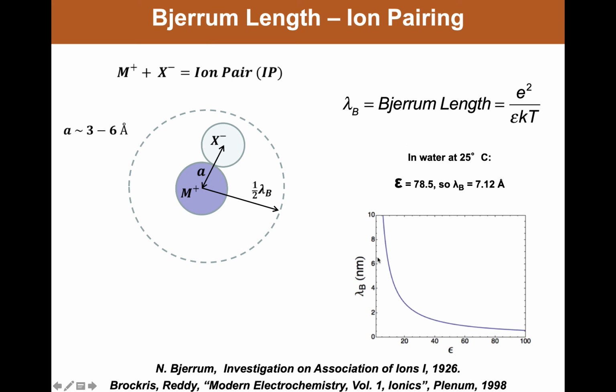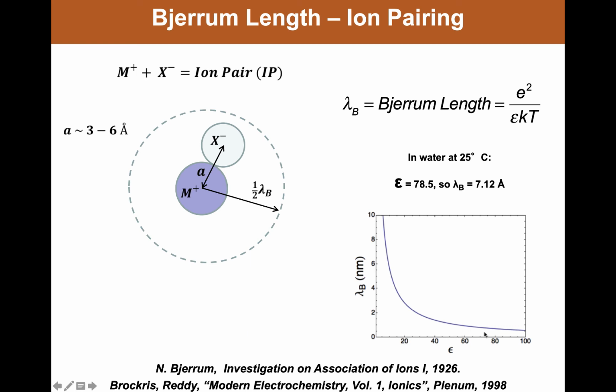And in water, the Bjerrum length is about 7 angstroms, just to put things in perspective. The dielectric constant of water is about 78.5, and that fixes the Bjerrum length here at about 7 angstroms.